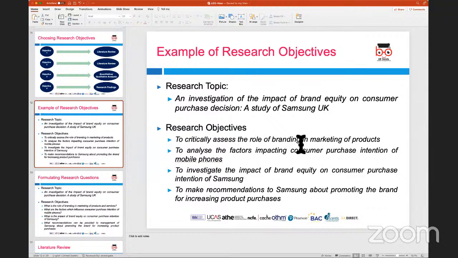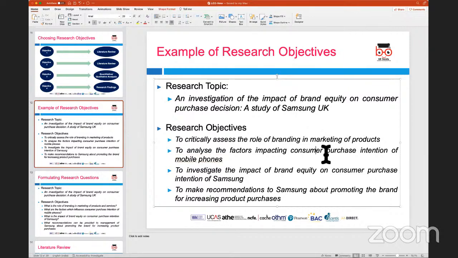Then you will look at analyzing the factors impacting consumer purchase intentions of mobile phones. So in this objective, from a very generic role of branding, you're going into a specific product. So the product that you've chosen is mobile phones, and then you're looking at also finding out the purchase intentions.